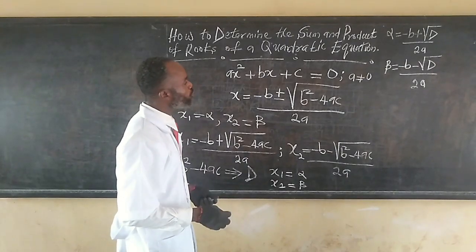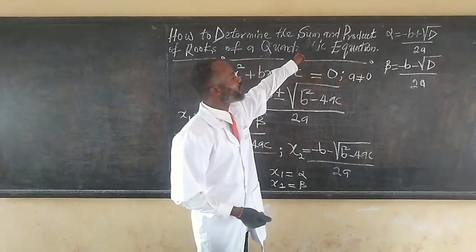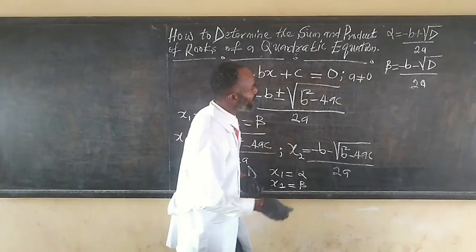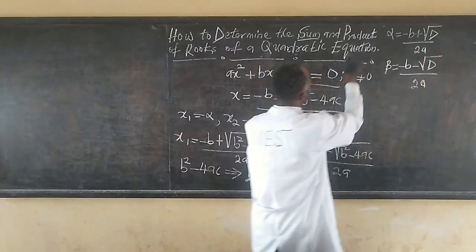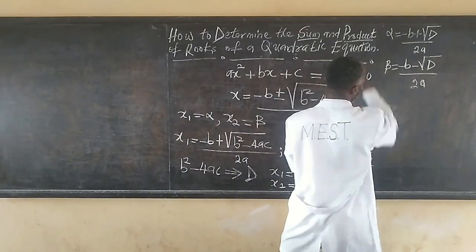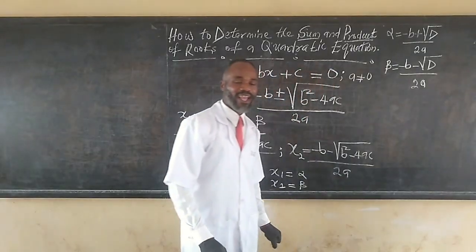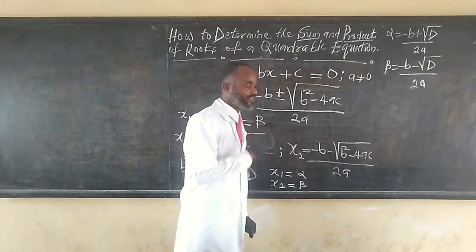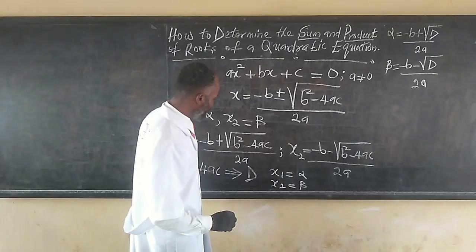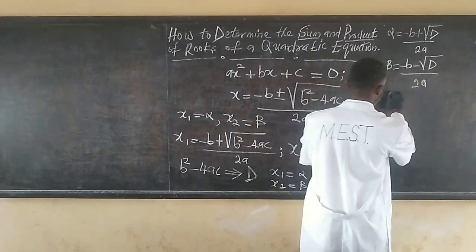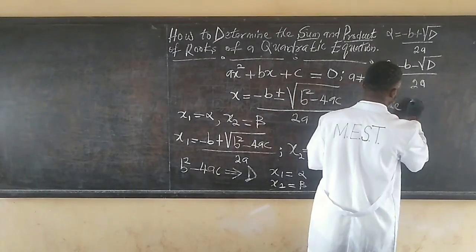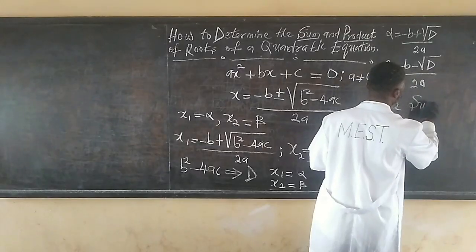Now, how do we get the sum and at the same time get the products? That is where our concern lies. We are going to look at the sum, so our next target is to find the sum.